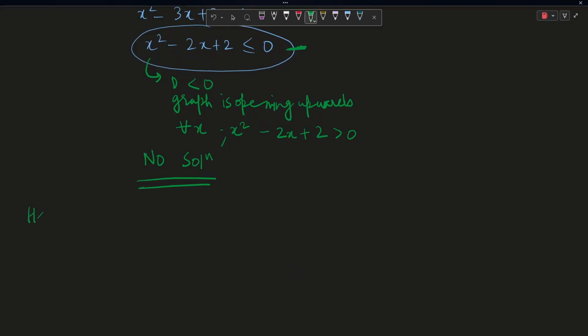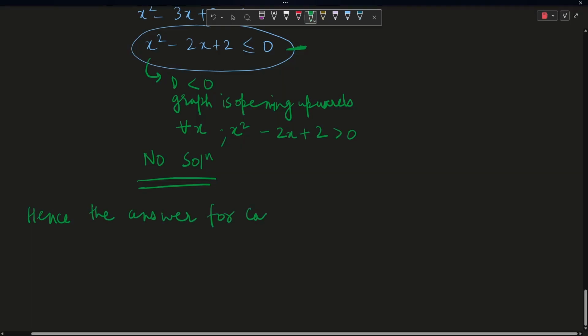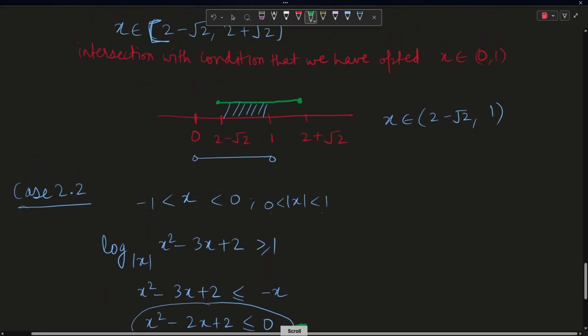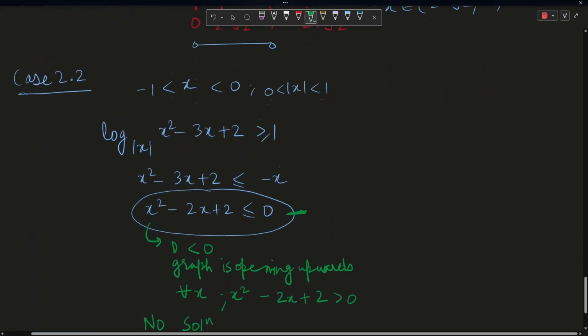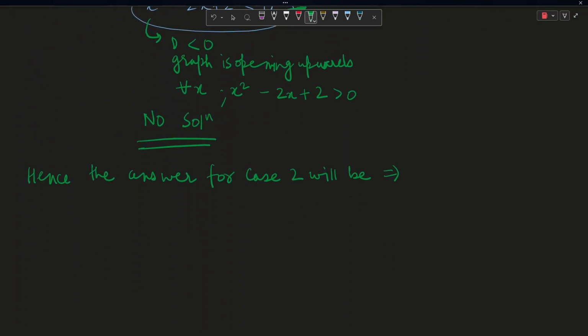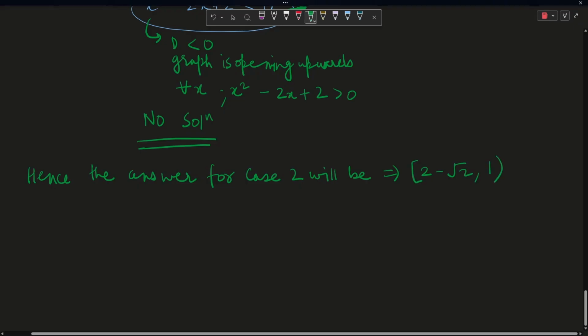Hence the answer for case 2 will be, as there is no answer for case 2.1, only the answer for case 2.1, 2 minus root 2 to 1, right? Now we have solved the answers for case 2 as well as for case 1.